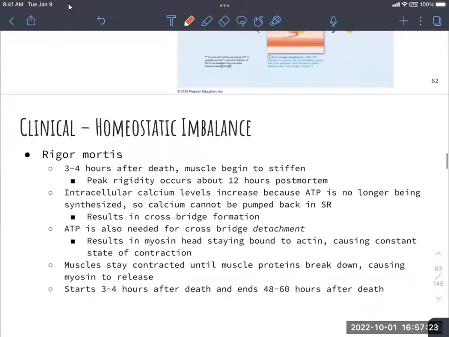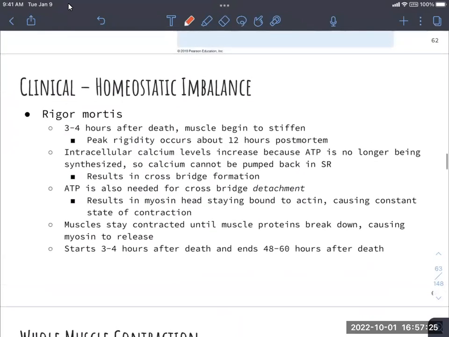So rigor mortis. Rigor mortis is what happens after you die. Your muscles get really stiff. It actually starts about 3 to 4 hours after death, and it peaks at about 12 hours.